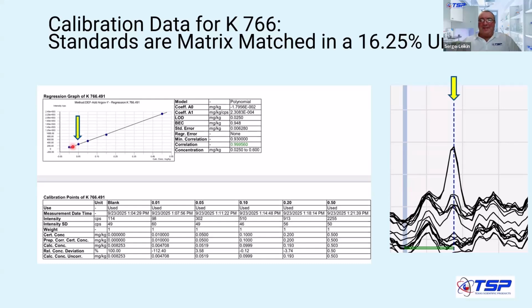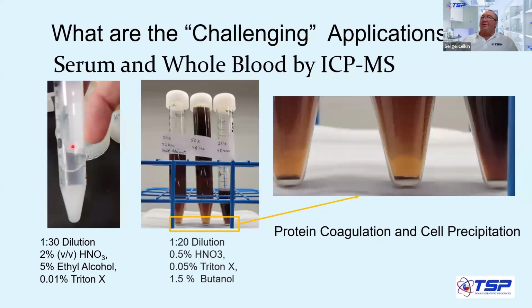Okay. All right. Now, the next application that I wanted to bring up is clinical by ICP-MS. Why is that? In clinical samples, in blood or serum, protein coagulation happens and cells precipitate, and they form this precipitate right here.